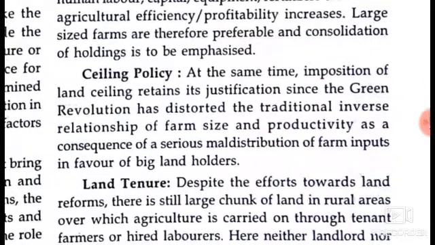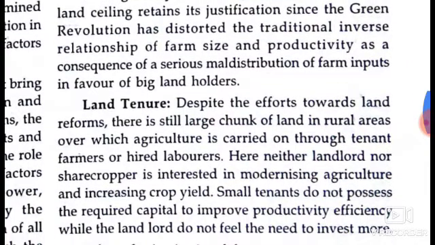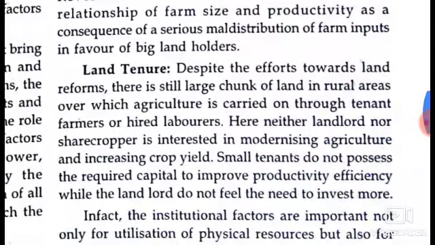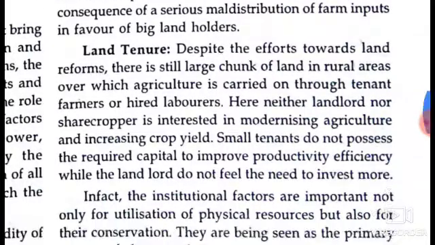At the same time, imposition of land ceiling retains its justification. Hence, the Green Revolution has distorted the traditional inverse relationship of farm size and productivity as a consequence of a serious maladministration of farm inputs in favor of big landholders.